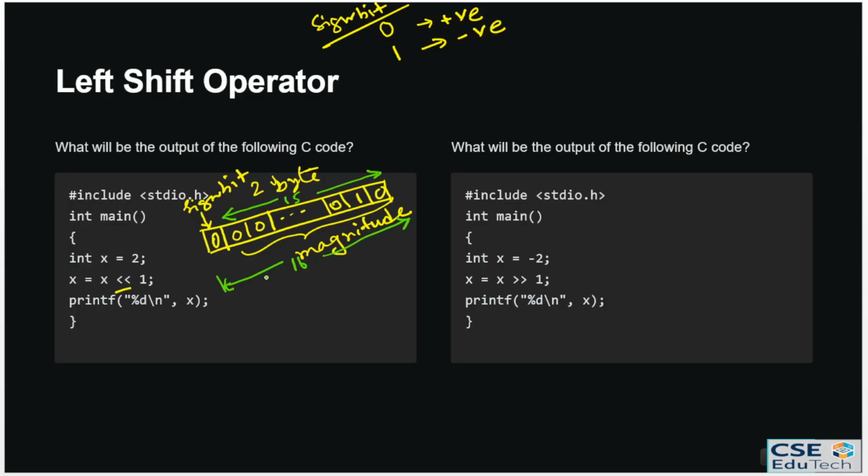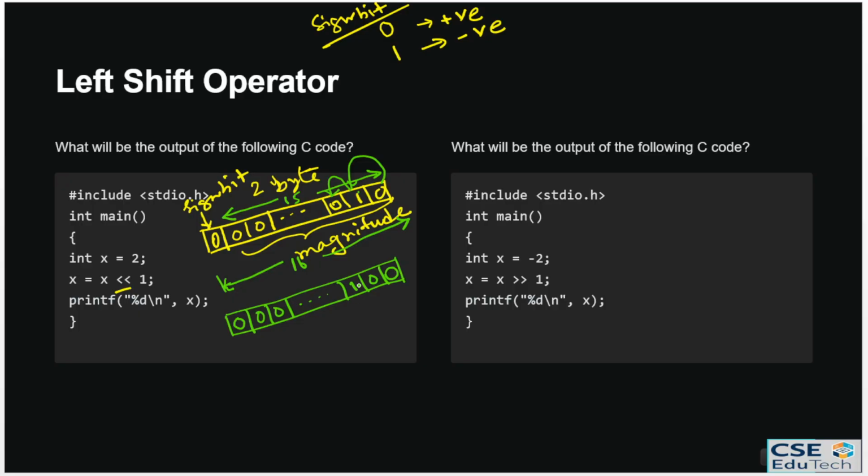Now if we shift towards the right, sorry, towards the left, one cell will be shifted towards the left. So this 0 will come to here, and this 1 will come to here. Clear? What happened here? This is the sign bit, then 0, 0, and this will be 1, then 0, and the rightmost bit will be filled up with 0.